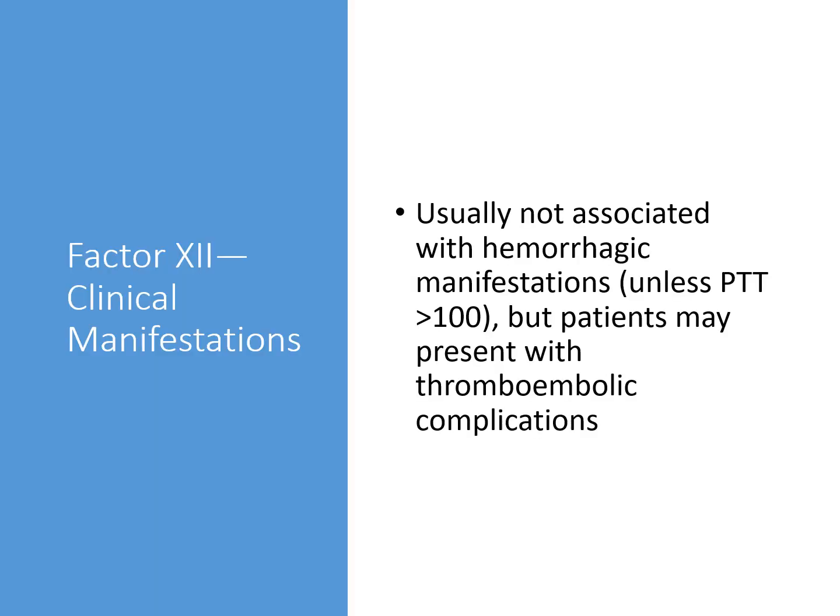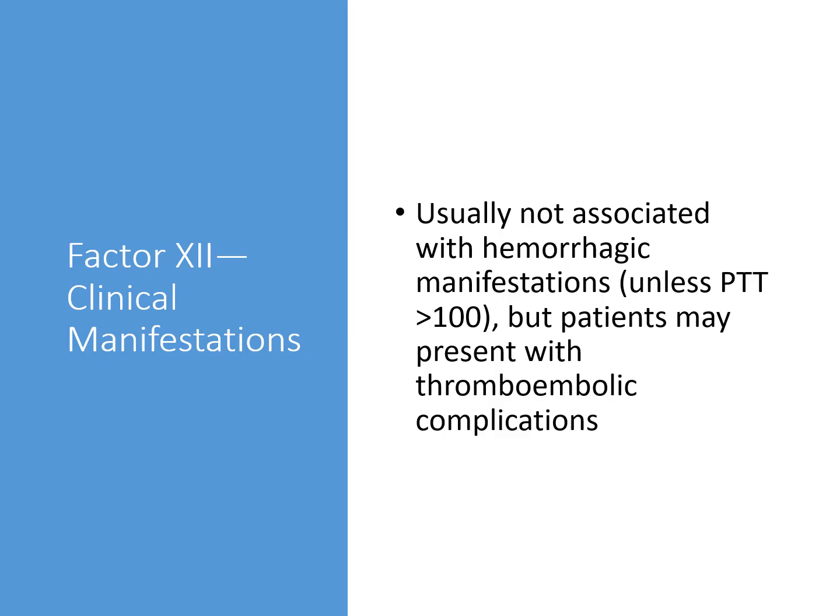So there are a couple of interesting facts about factor 12 deficiencies and the clinical manifestations associated with that. Typically, we don't see an association with hemorrhagic manifestations unless we have a very, very elevated or prolonged PTT of greater than 100. That would really be indicative of an extreme deficiency.